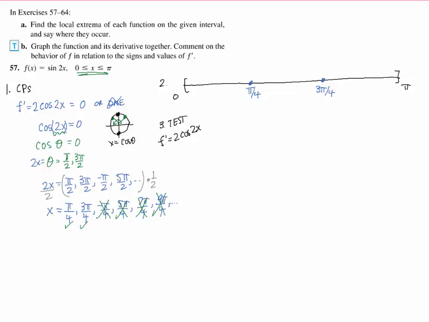So let's take this first interval. We have to choose some point between 0 and pi over 4, and the only value I like from 0 to pi over 4 is pi over 6. So the first derivative at pi over 6 is 2 times the cosine of 2 times pi over 6. Well, that's 2 times the cosine of pi over 3.